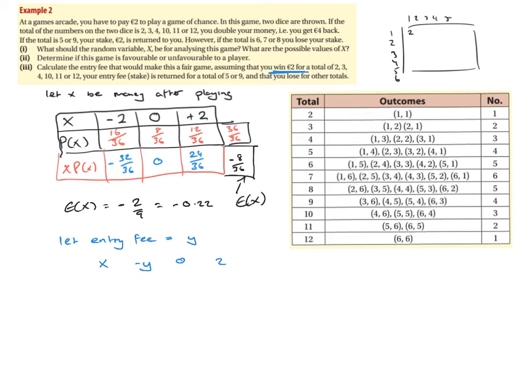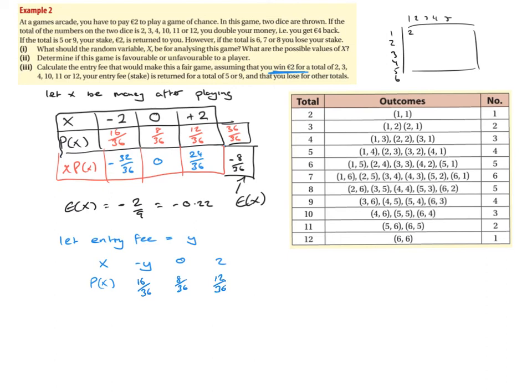Let's work out the associated probabilities, which are exactly the same. So the probability of x for the minus y is going to be the same as for the minus 2 here. So it's 16 over 36. The 0 here was 8 over 36. And the last one there was 12 over 36.